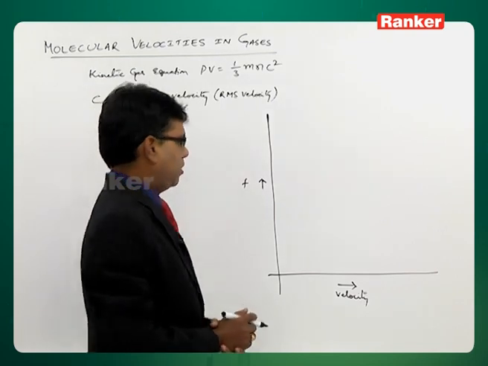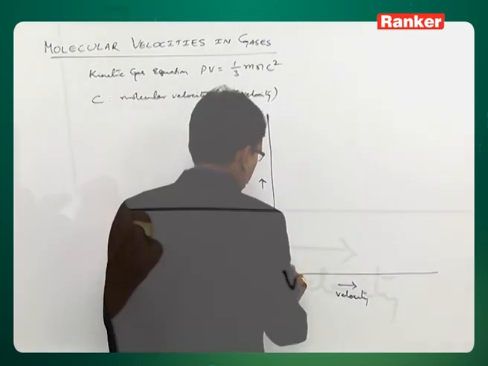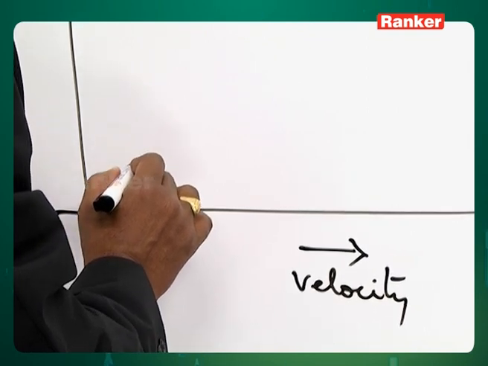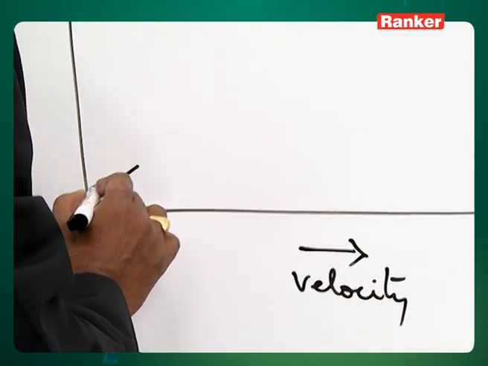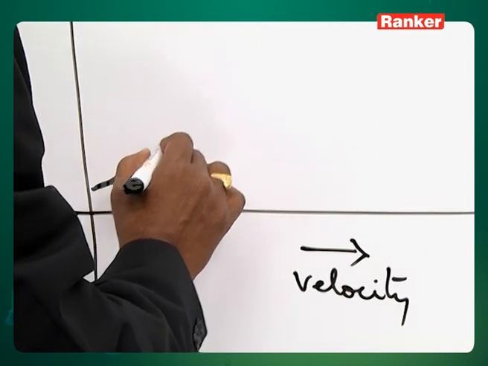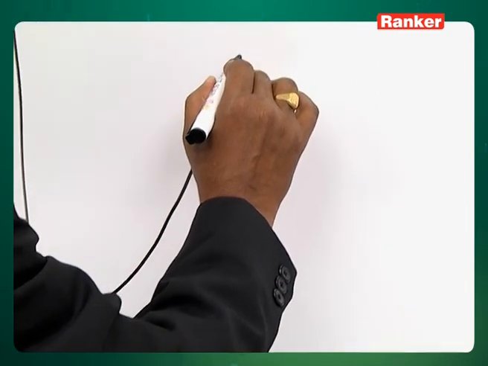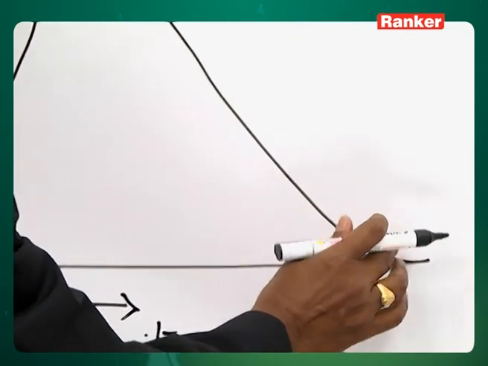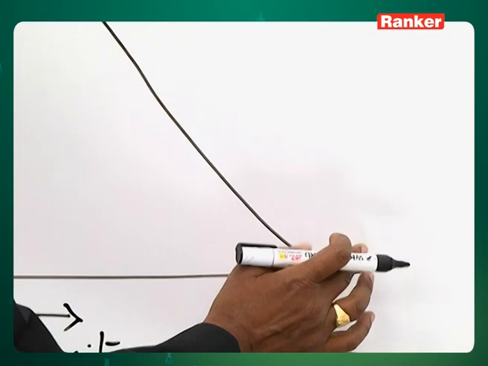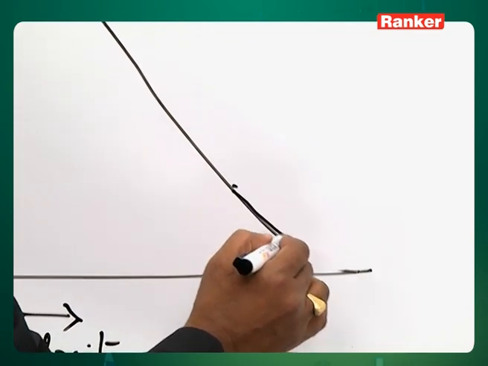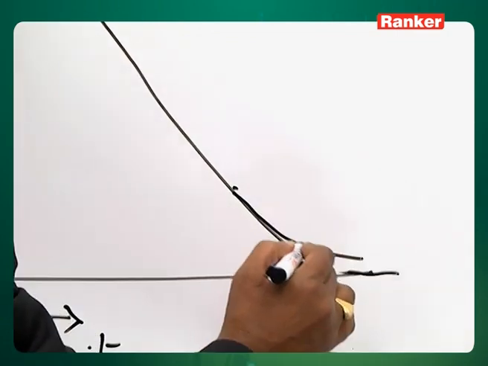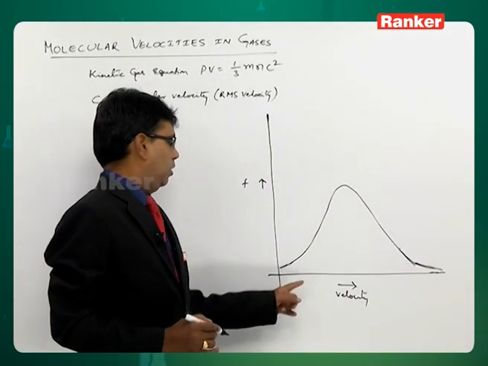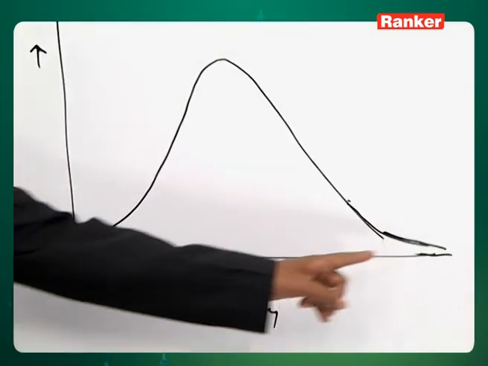Then what is observed is that the fraction of molecules possessing very low velocity is very small, with increase in velocity the fraction of molecules possessing that velocity increases, and after reaching a certain maximum, it decreases again. This is what is found. So this ranges from very low to very high.